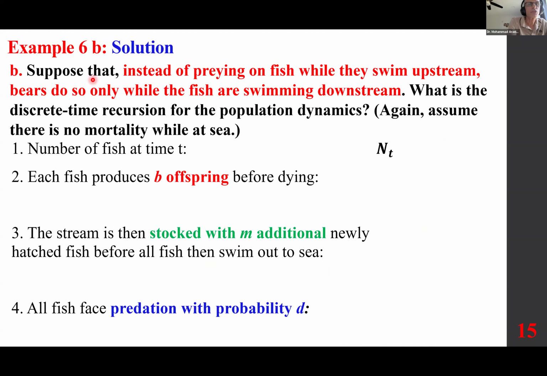In part B, suppose that instead of preying on fish while they swim upstream, bears do so only while the fish are swimming downstream. So in other words, we have N sub T, all of them get up there, and they give us B offspring before dying, so B times N sub T. So that's what we get.